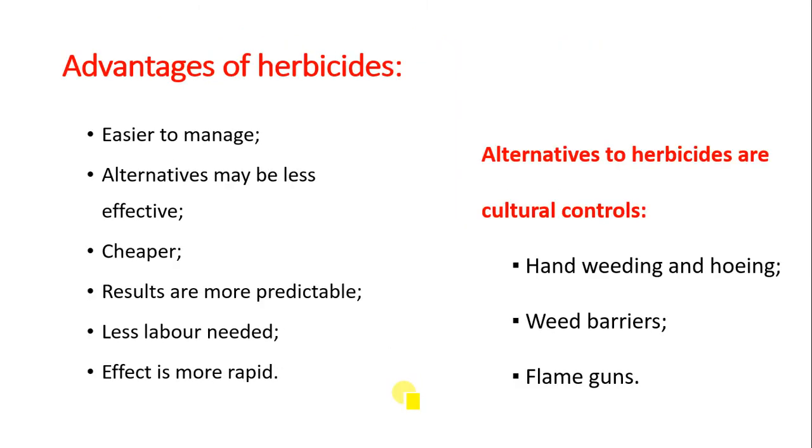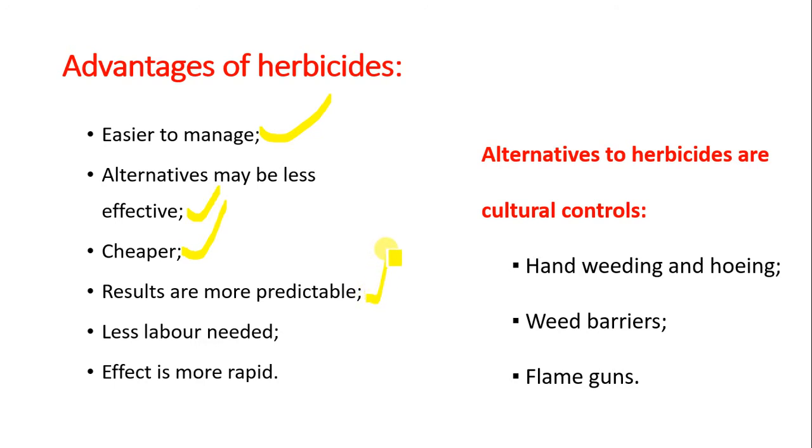Next, advantages of herbicides. Herbicides are easy to manage. An alternative may be less effective. Like instead of using herbicide, deciding to use a weeding process can be less effective. It's quite cheaper. Results are more predictable.